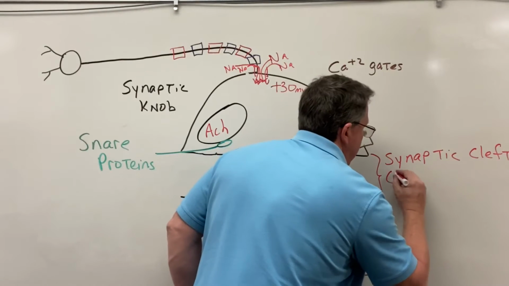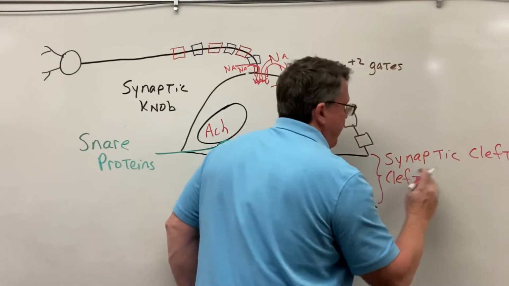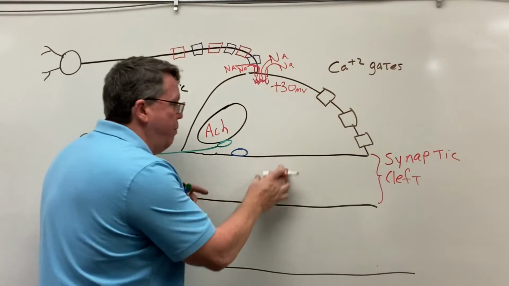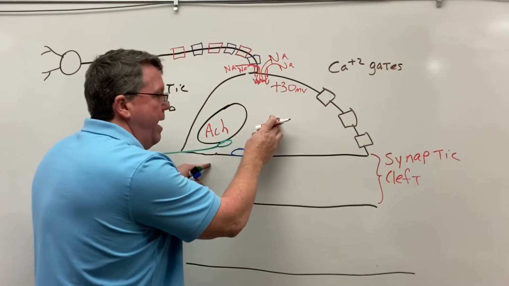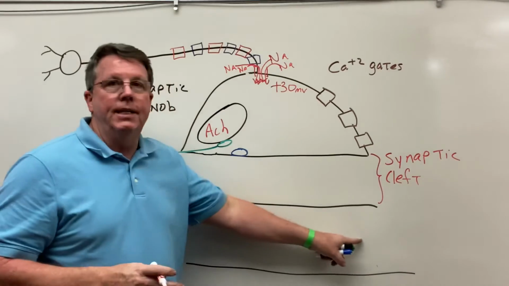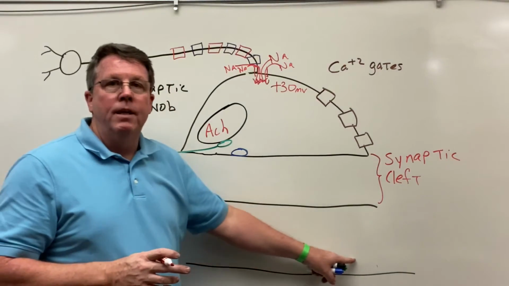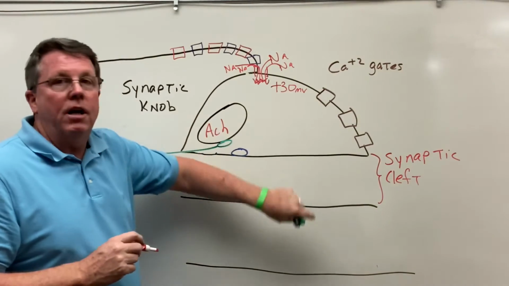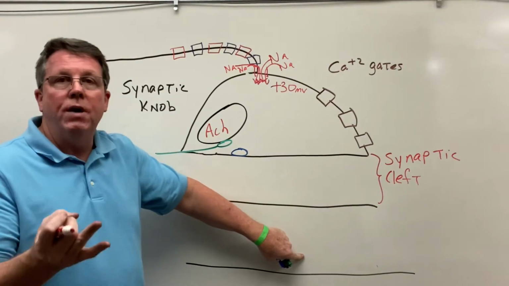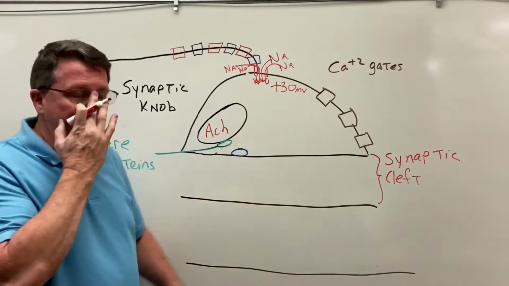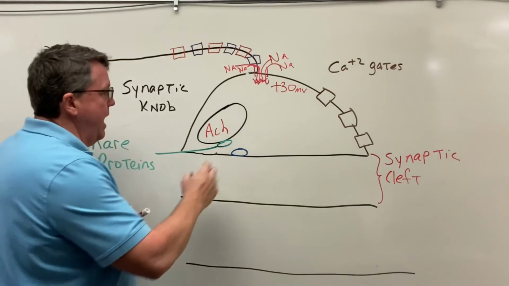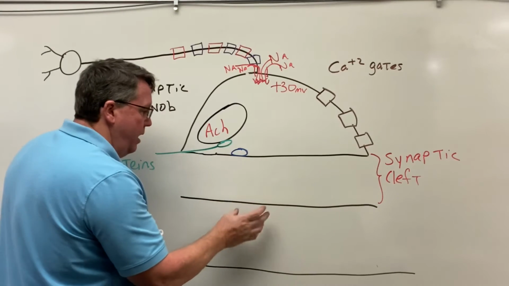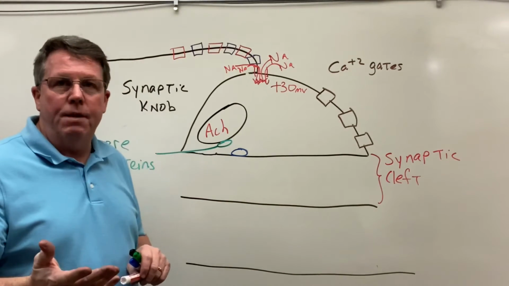Okay, this is our synaptic cleft right here. That's the opening between the synaptic knob and whatever this is. In this case, it's a muscle membrane, but the synaptic cleft is an opening between a synaptic knob and either a nerve, a muscle, or a gland. So once again, we want this acetylcholine to come across the synaptic cleft and get on this side, so that the impulse can continue on.